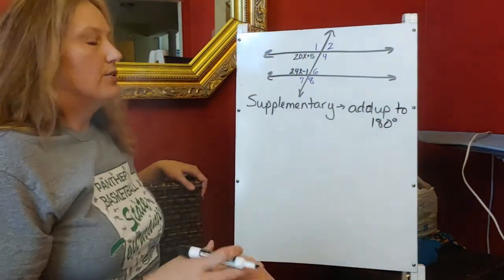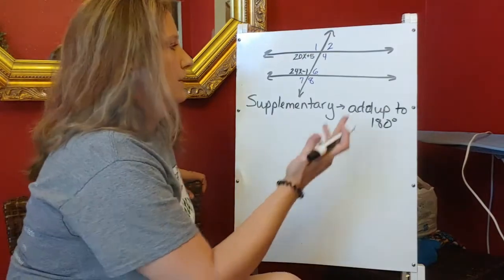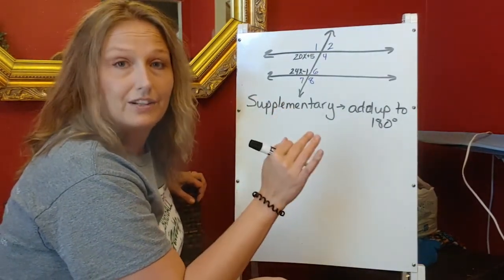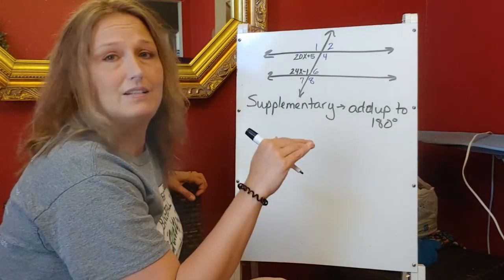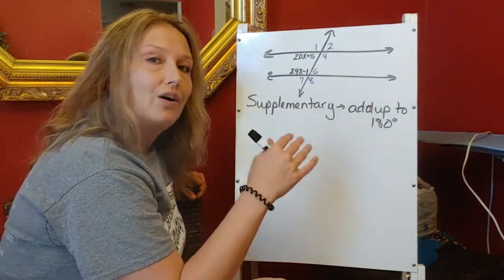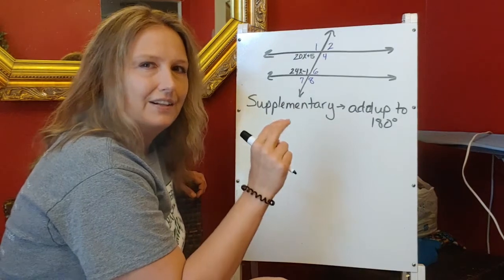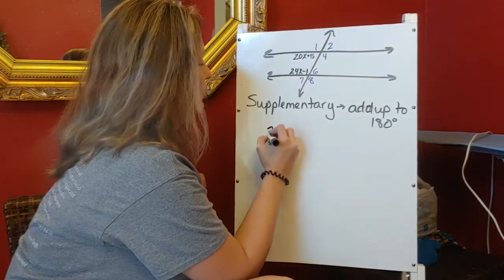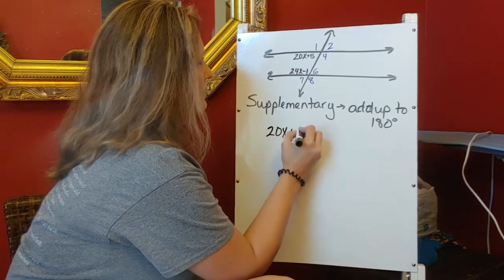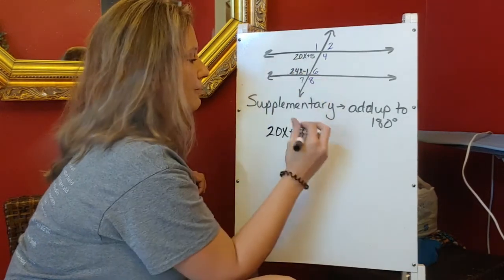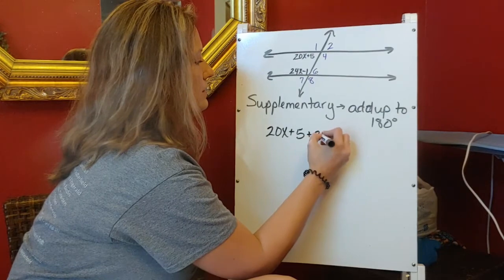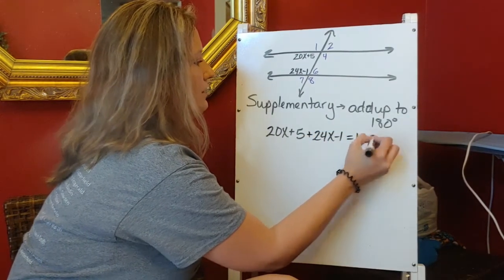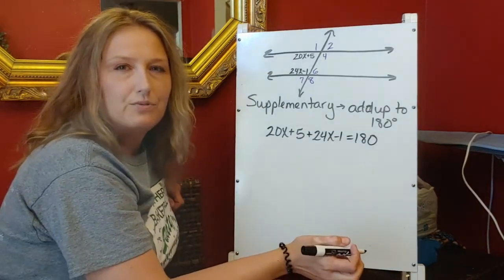Okay, so these two angles are going to have to add up to 180 degrees. So I can't set them equal to one another. They are not congruent. What they are is that when they're added together, they give me 180 degrees. So 20x plus 5, there's my first expression, plus 24x minus 1, added together and set equal to 180 degrees.